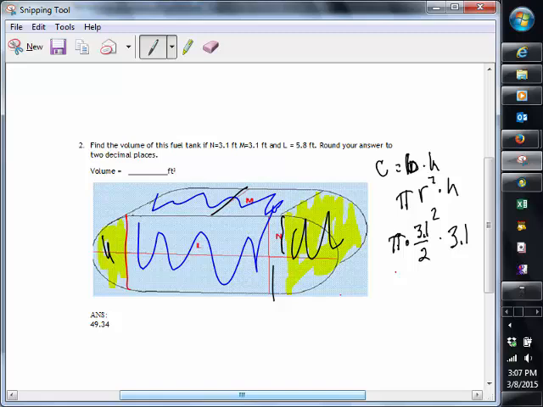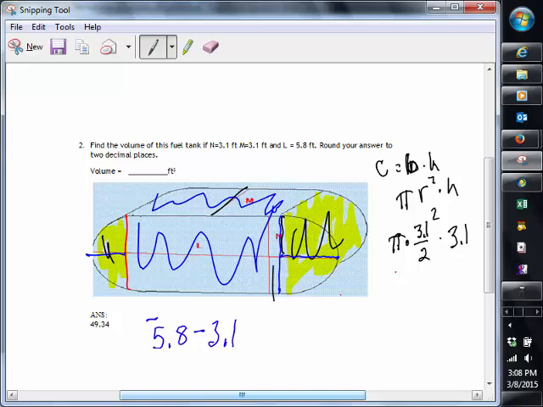The length is 5.8, but the length of our box is 5.8 minus the distance that this cylinder would be, which is half of n, but there's also a half of n over there, so it's half of n twice, which is just plain old n.